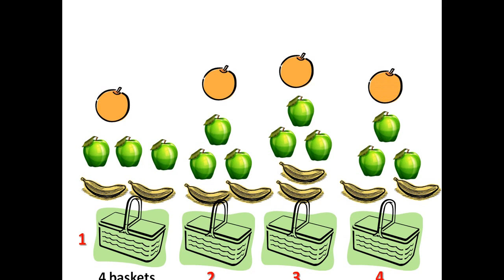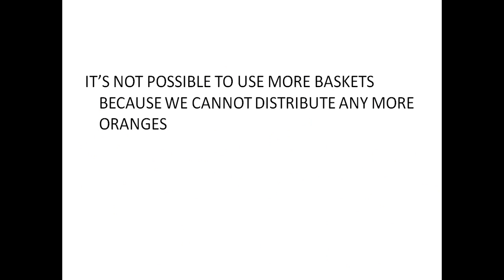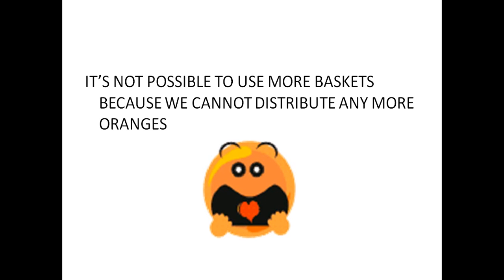And that's it. We can do it. It means that up to this point, the highest amount of baskets we can use is 4 for this example. But the question is, can we use more than 4 baskets? Well, it's not possible to use more baskets because we cannot distribute any more oranges.